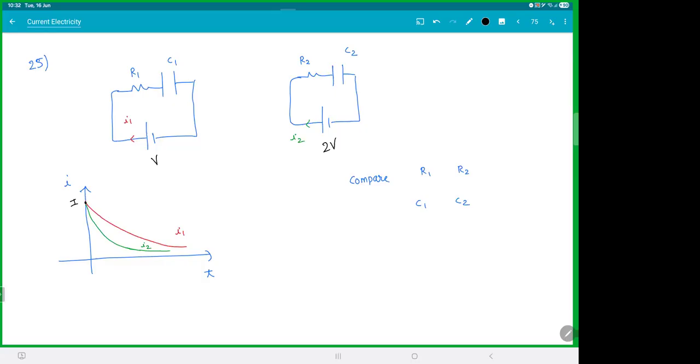Okay, we have a few answers. You just have to tell me which one is bigger, which one is smaller, right, Samyak? Yeah, you got the value though, but okay.